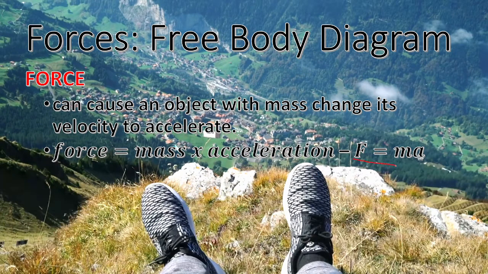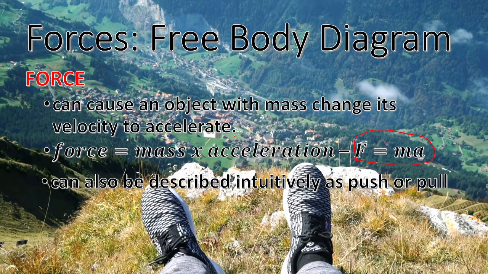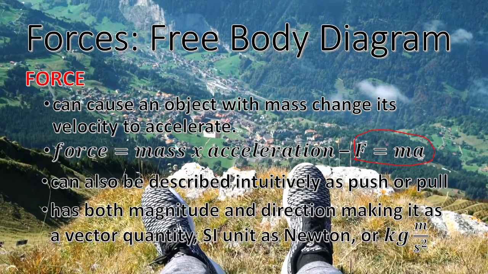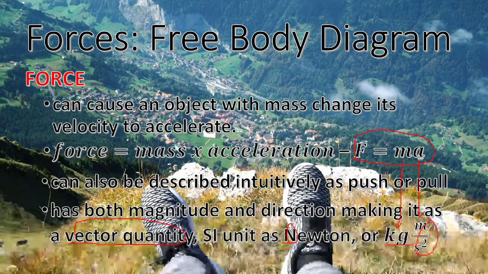Okay, so this is the symbol for the formula, and it can also be described intuitively as a push or pull, and has both magnitude and direction, making force a vector quantity. And the unit is newtons, or just N, or kilogram meter per second squared. Mass should be in kilogram, and acceleration is meter per second squared.